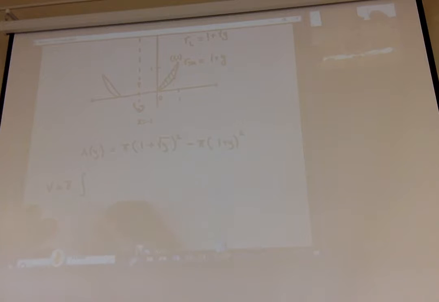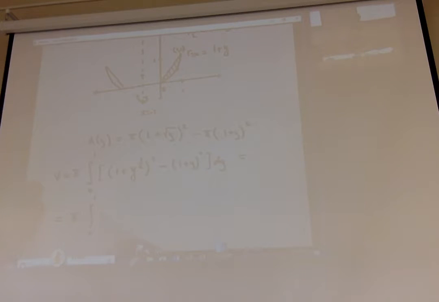Okay, so from 0 to 1, and again I'll put brackets here, 1 plus, I'll change this to 1 over 2 power. And then we're going to subtract 1 plus y squared dy. Right now it's more like mechanical work, just finding the integral. So pi, integral from 0 to 1.